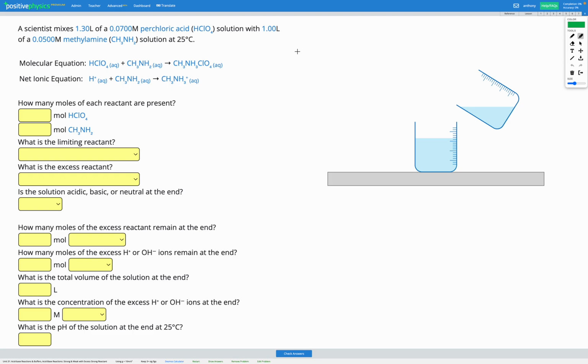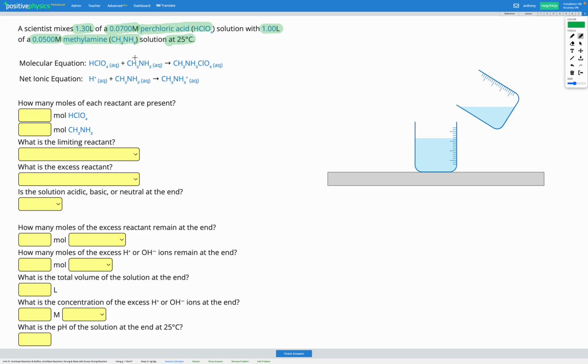We're told we mix 1.3 liters of a 0.07 molar perchloric acid solution with 1 liter of a 0.05 molar methylamine solution at 25 degrees C. Again, we're given the molecular equation showing the full formulas of our reactants and our product. We're also given the net ionic equation, which removes any spectator ions.